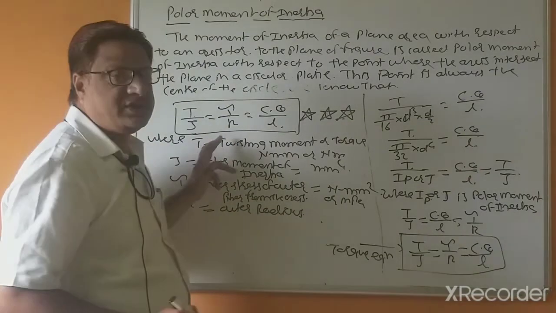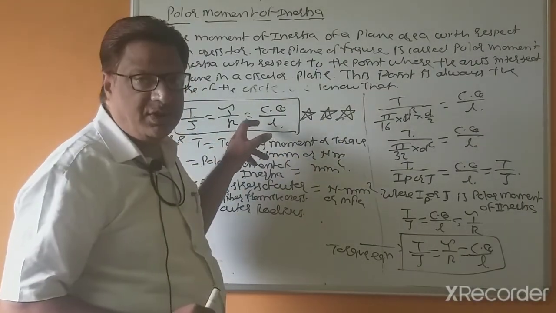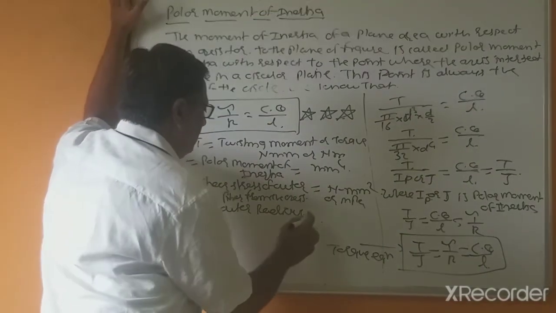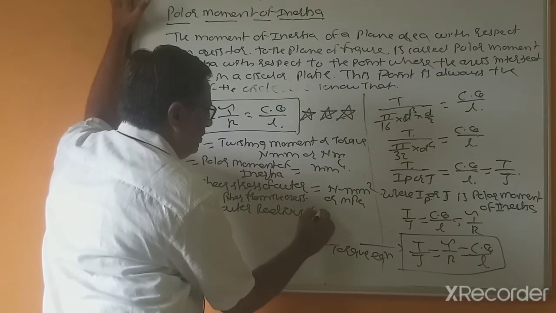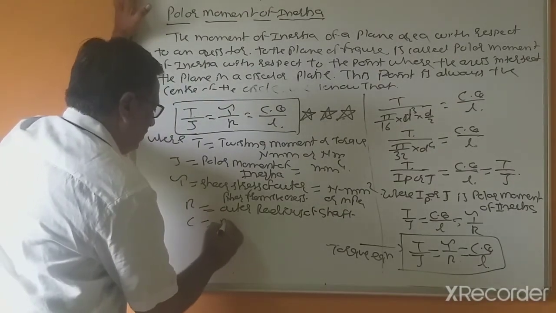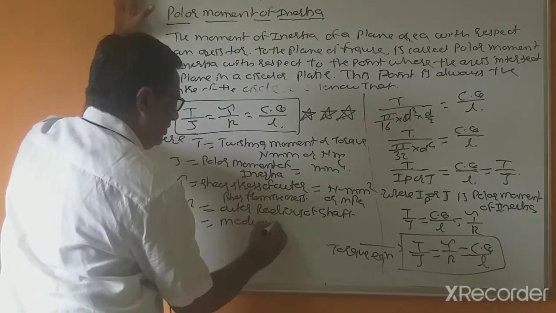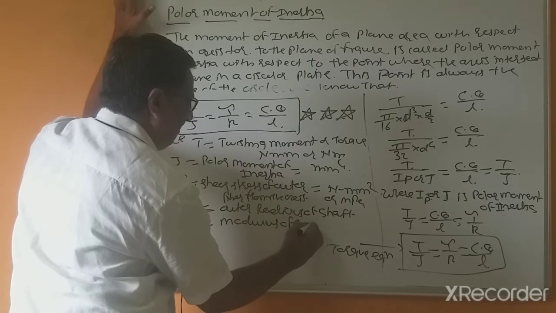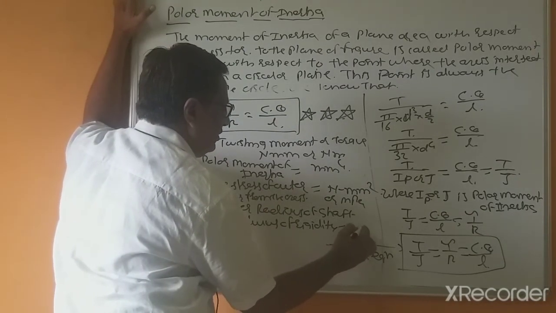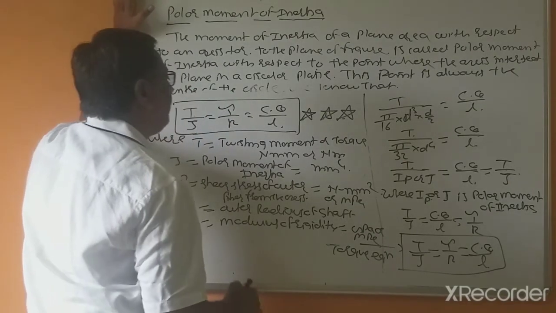So the same equation is applicable for hollow shaft also. So J, the polar moment of inertia for hollow shaft, is different. R is the outer radius of the shaft, C is the modulus of rigidity, and this is also in gigapascal or megapascal.